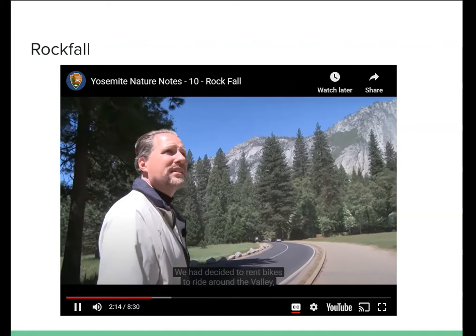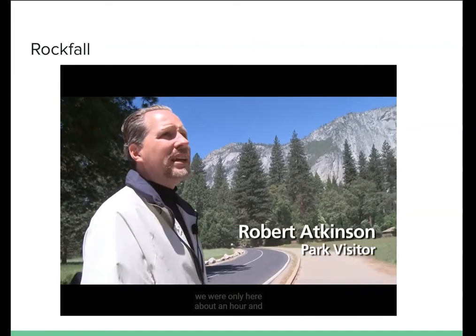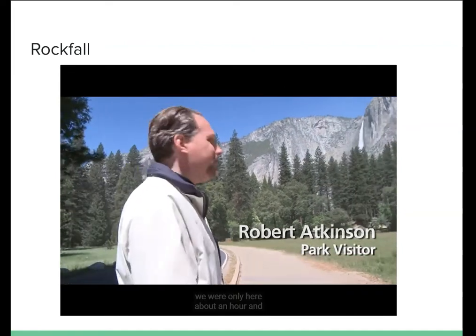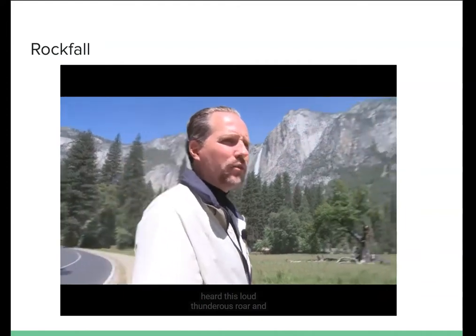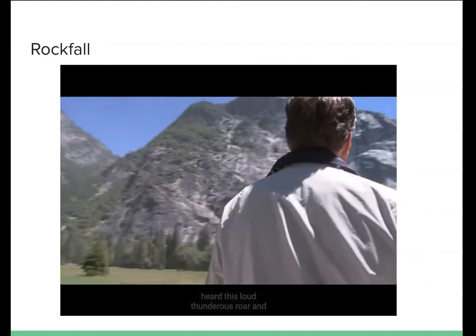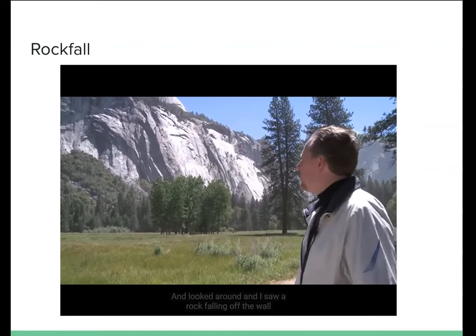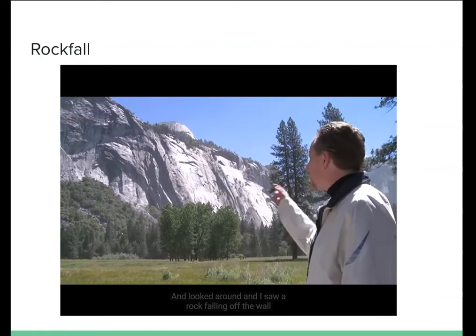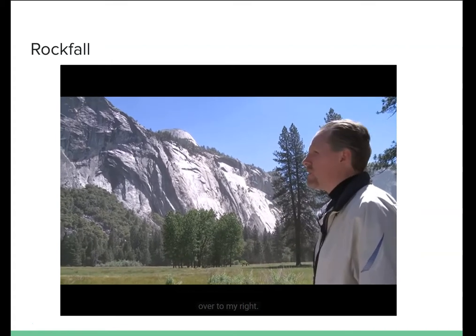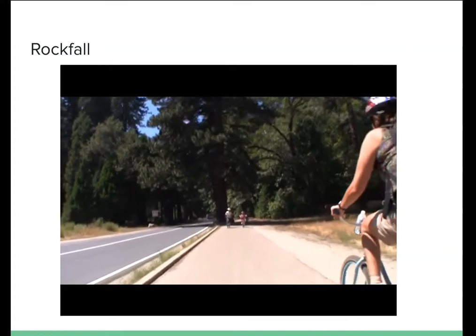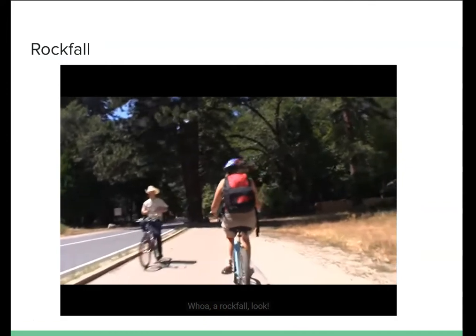We had decided to rent bikes to ride around the valley. We were only here about an hour and heard this loud, thunderous roar and couldn't tell where the sound was coming from. And looked around and I saw rocks falling off the wall over to my right. Whoa, rockfall, look.